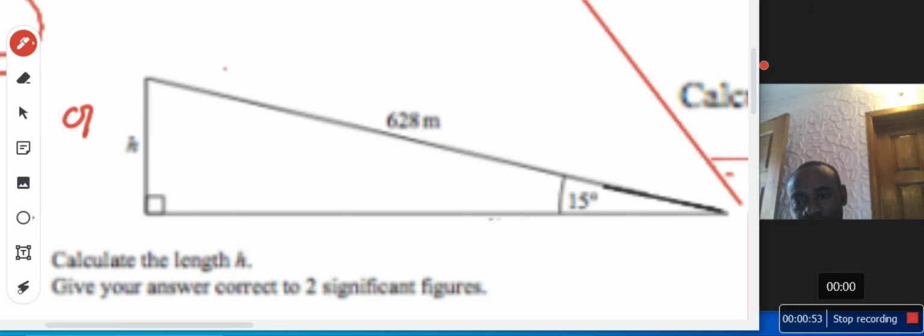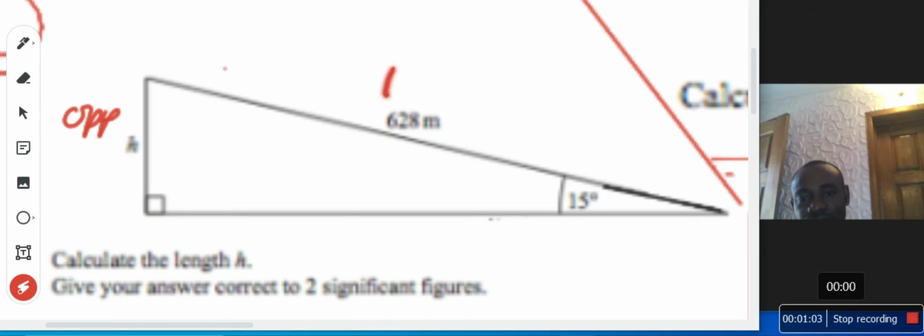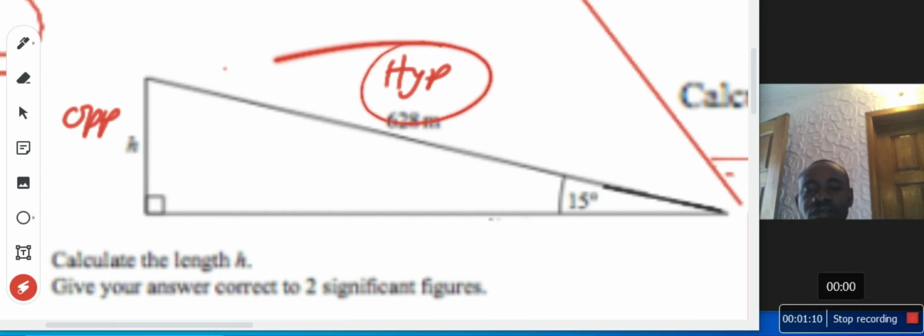This is actually opposite, and this is the hypotenuse. So it's about opposite and hypotenuse. That's sine, so we use sine for that.